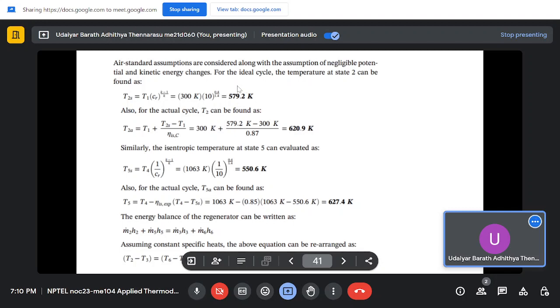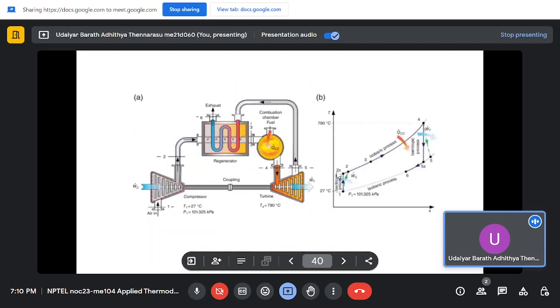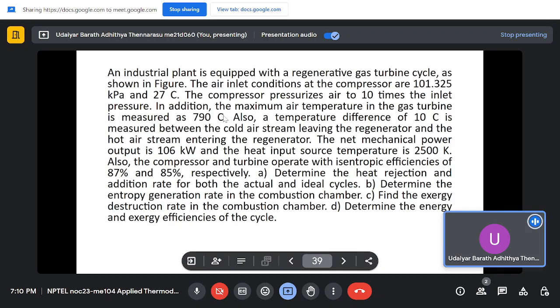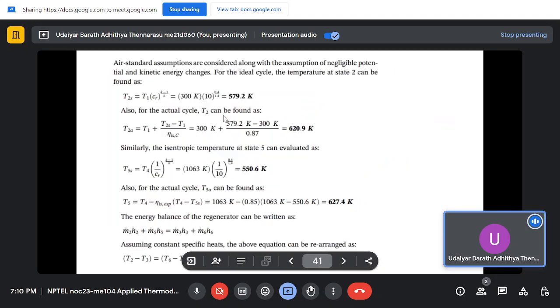So state 2 for the ideal case is 579.2, but we know that the efficiency is 87%. We can calculate the efficiency in terms of temperatures.